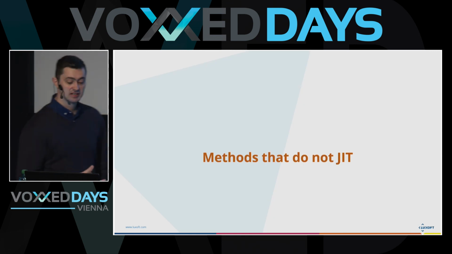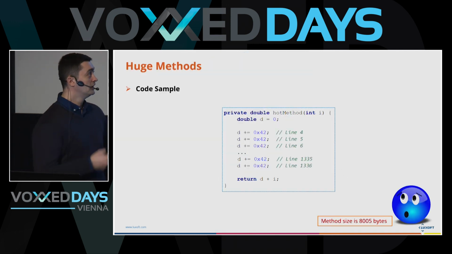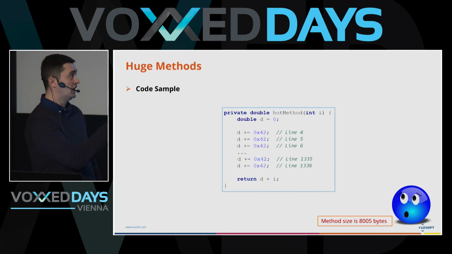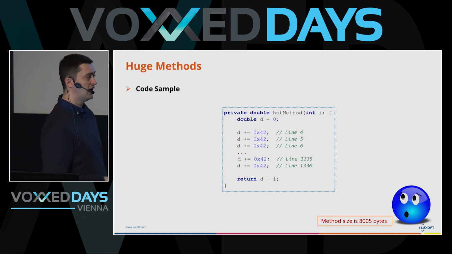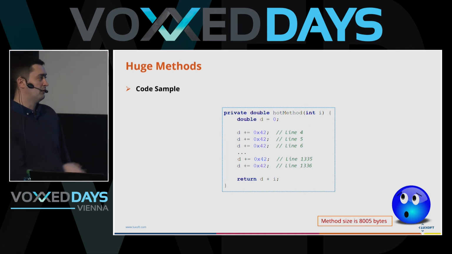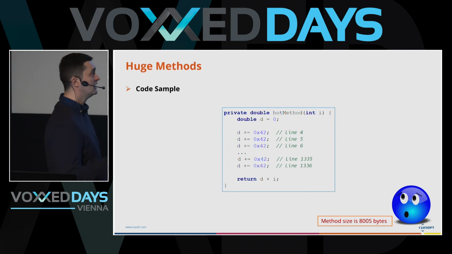And the last part of the talk is in regard to methods that don't JIT. The first case of such a method is a method which has a huge body. By huge body, in this case, it's a body that has 805 bytes. For this case of methods, of course, the example is a bit exaggerated just to prove they are not compiled.